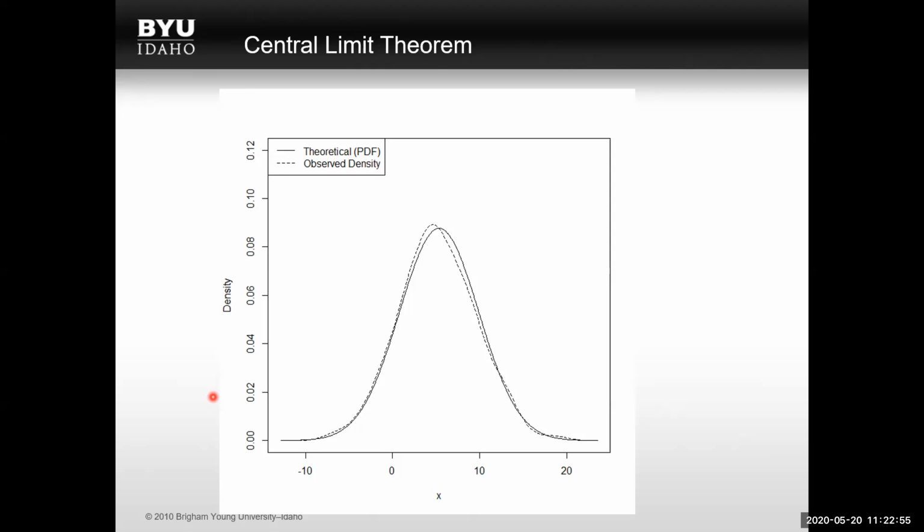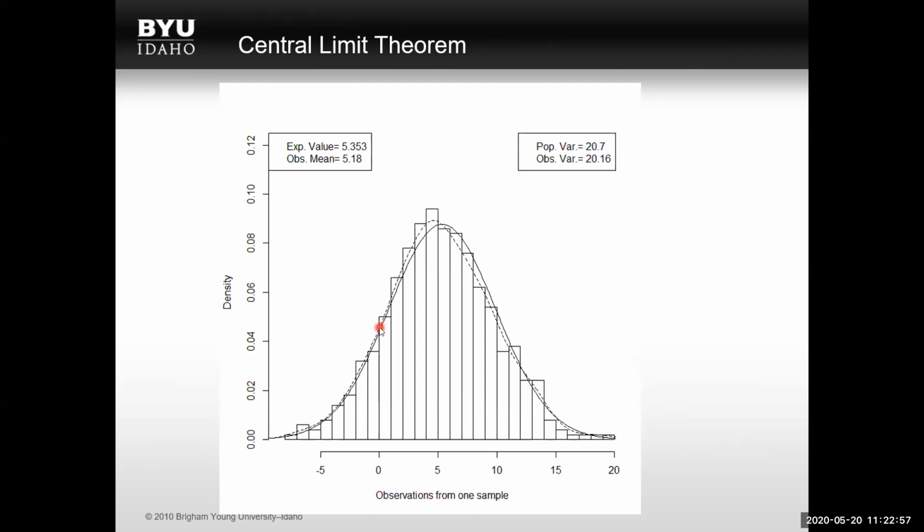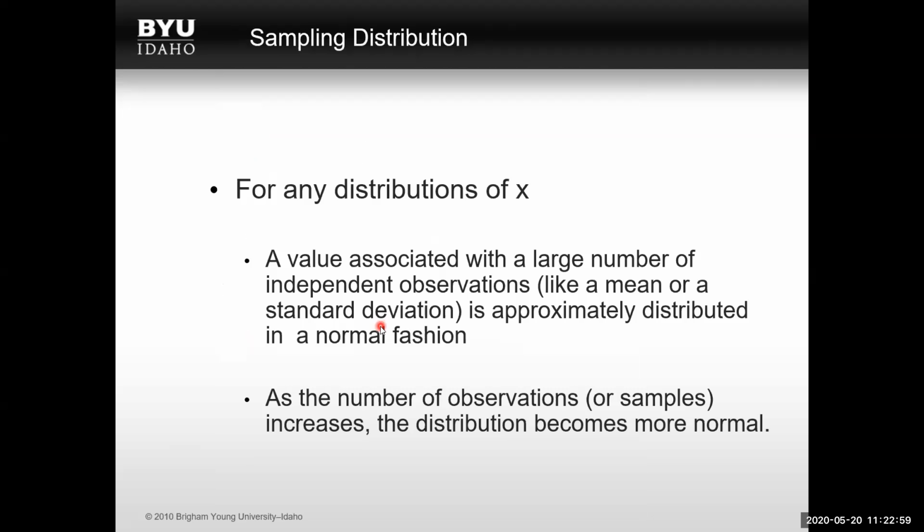It says that it doesn't matter if your data are normally distributed. For any distribution of X, that means for any column of observations you have, right? No matter what you're measuring out there, the value associated with a large number of independent observations, so like a mean or a standard deviation, sometimes a correlation, is normally distributed.